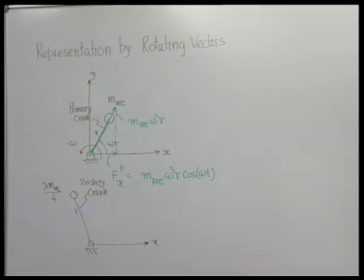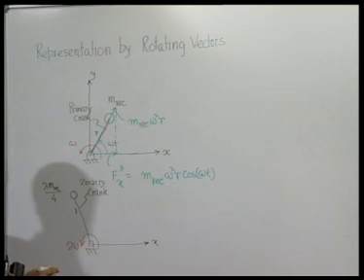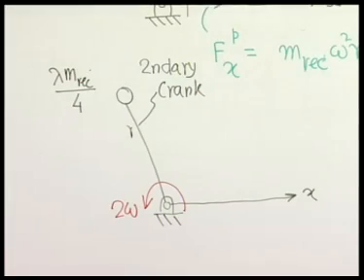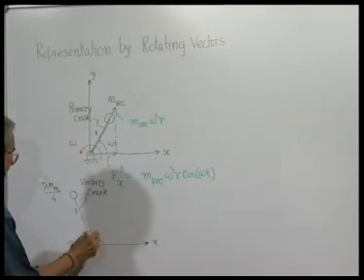That means, with a speed 2 omega. And if we use the condition that at time t is equal to 0, the secondary crank was also aligned with the x direction, then this angle will be simply 2 omega t.